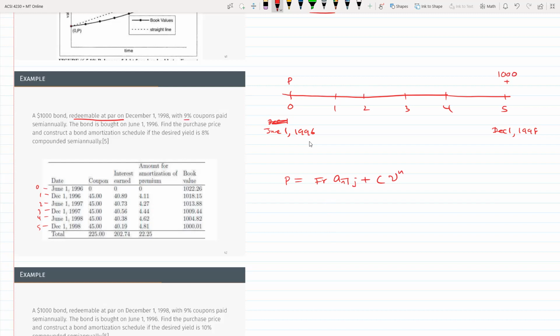The coupon amount is 9% semi-annual, so it's 1,000 times 9% divided by 2, which is 45. So the coupon amount is 45.